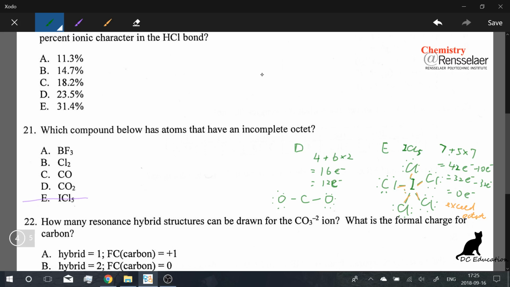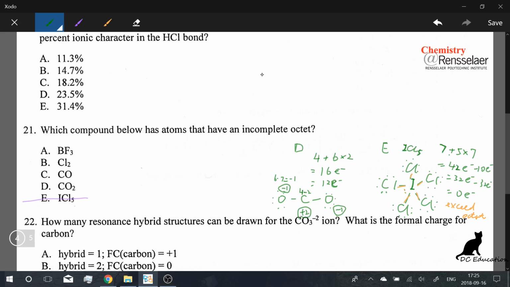Actually, I feel like it makes more sense if we just calculate the formal charge of each species. For oxygen over here, it's 6 minus 7, which gives us -1. So it's -1 for each oxygen, and for carbon, it's 4 minus 2, which is +2.